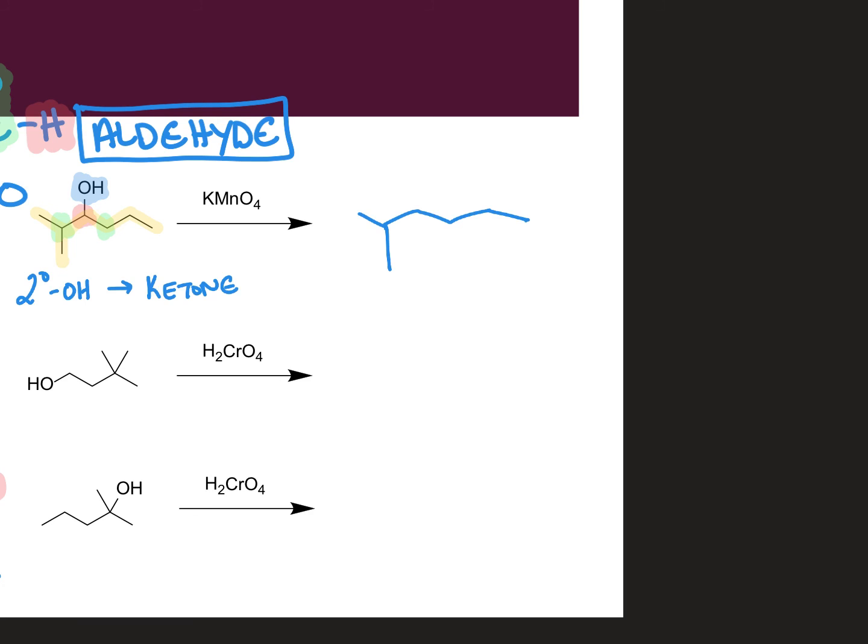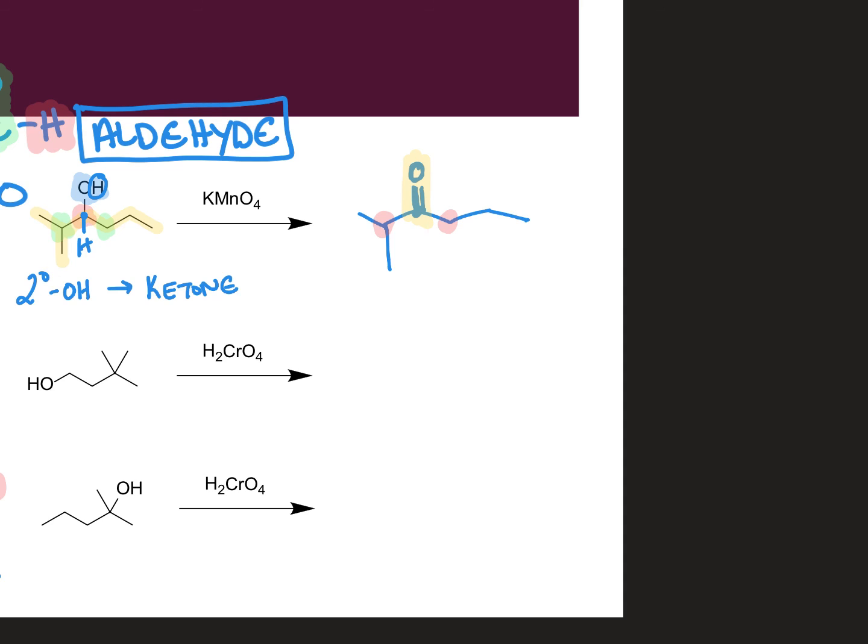The carbon that has the OH group on it is still going to have a bond to the oxygen. The hydrogen that's on that hydroxyl group, as well as the hydrogen that's on the carbon that it's attached to, are both removed. So the oxygen and that carbon will become a double bond. So there is the ketone that is formed. I have the carbon-oxygen double bond with carbon groups attached to either side of that carbonyl, making it a ketone.